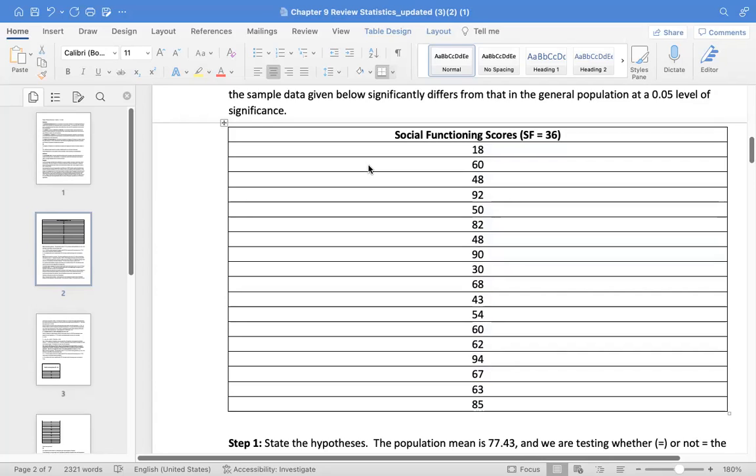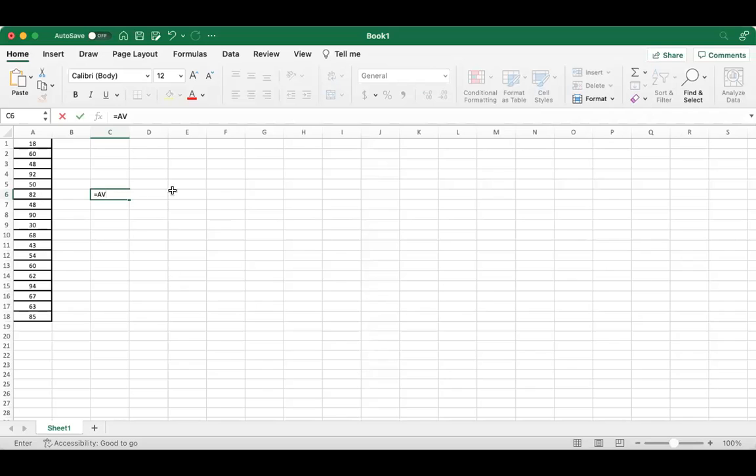It's just not a good formula. You can't even see that because it's not screen sharing. Equals average.